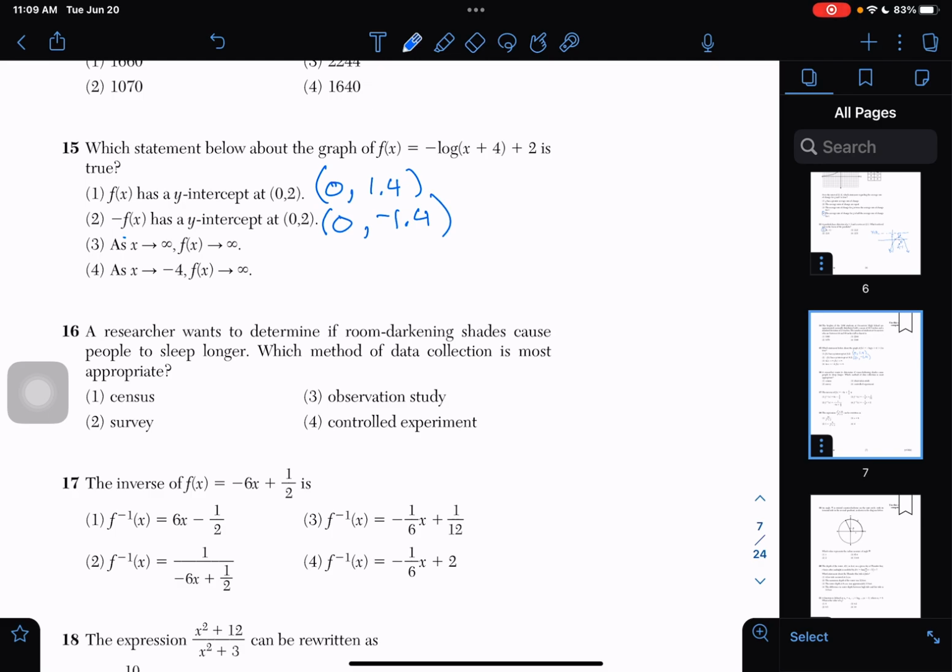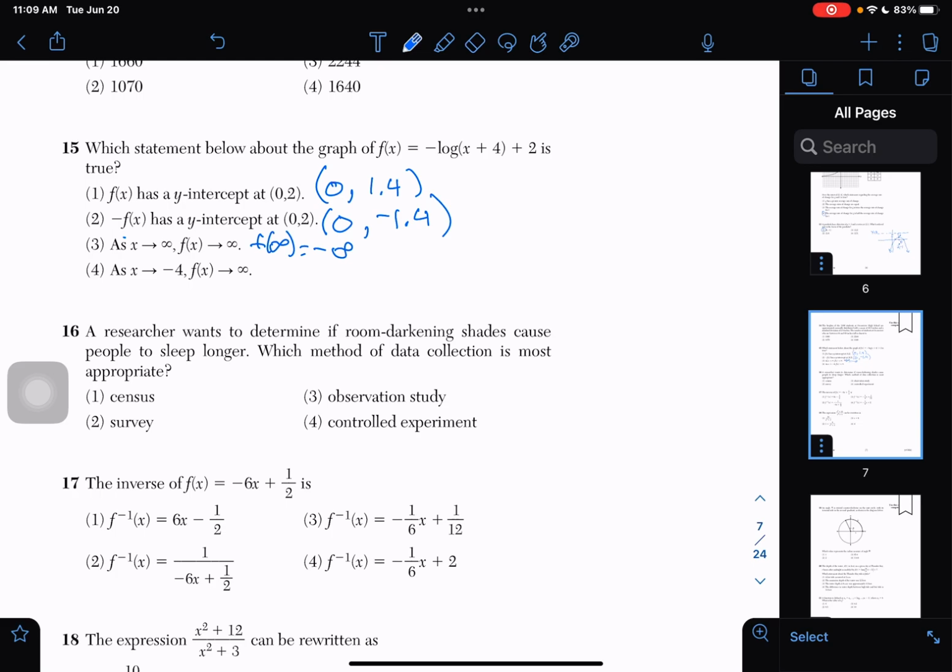So as x goes to 0, remember that negative sign means it's a fraction. It's 1 over. So as it gets very, very large, the x is going to get very, very small. It's going to approach negative infinity. This one, the f of x is going to approach negative infinity because it's a fraction, right?